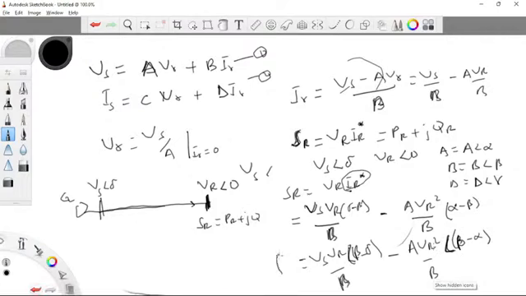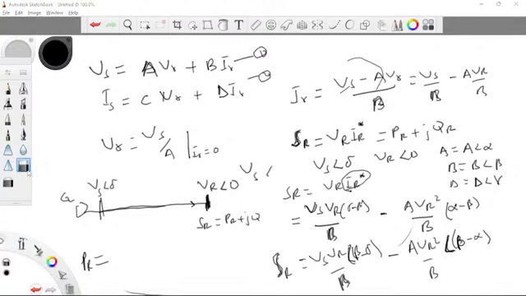Now if this is S, and you want PR, you just take the real part of this, meaning you just take the cos of the angles.